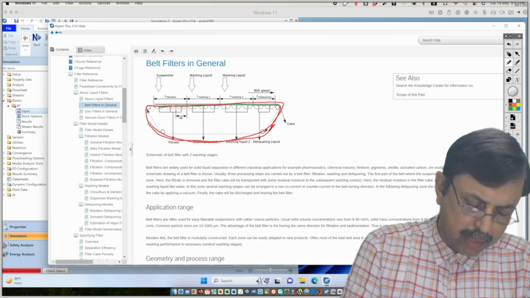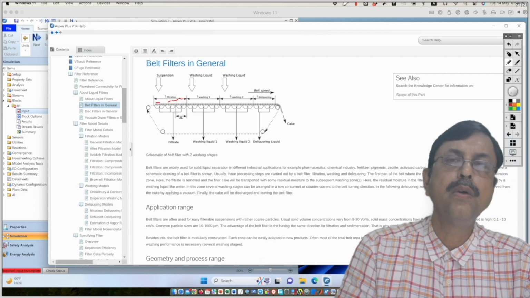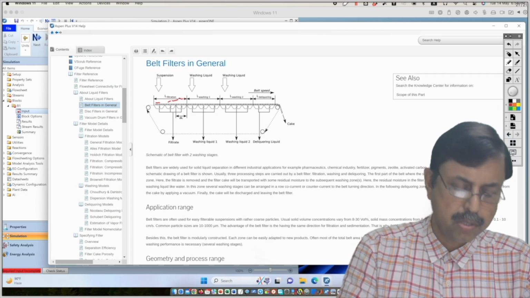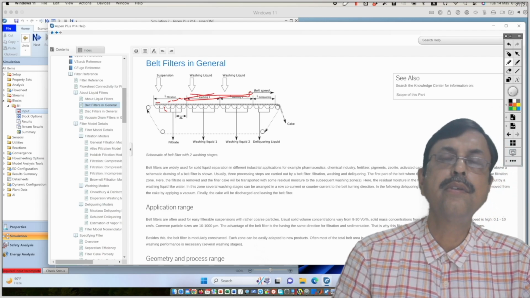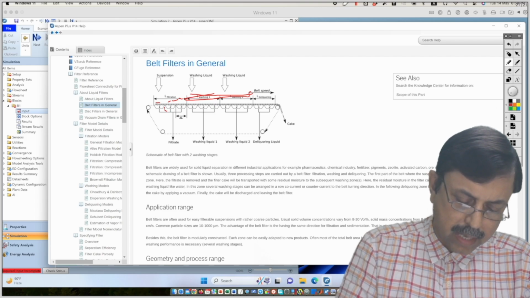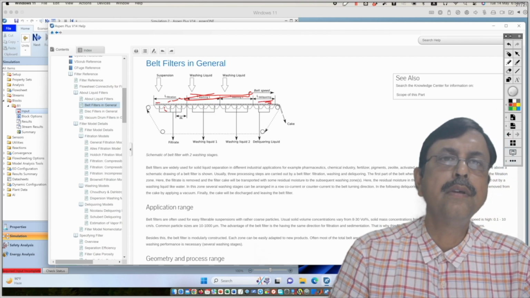Through the roller, it will rotate like this. This is the suspension filtration zone where the slurry will be put and the filtration will happen. This is the washing zone. There are two washing zones shown over here. And this is the deliquoring zone.